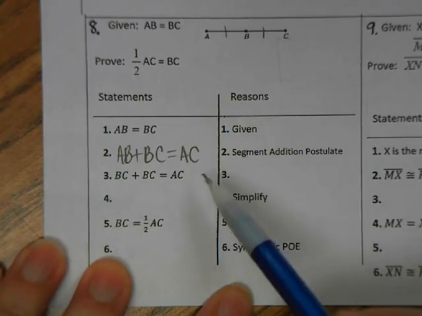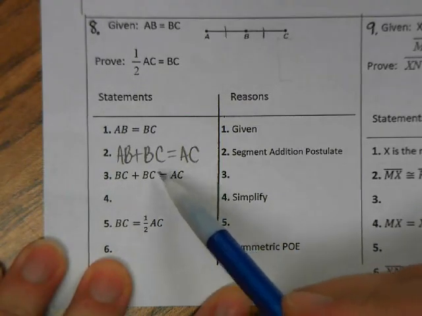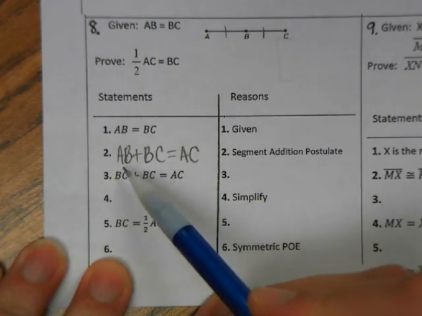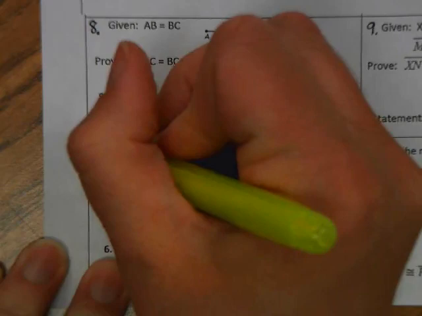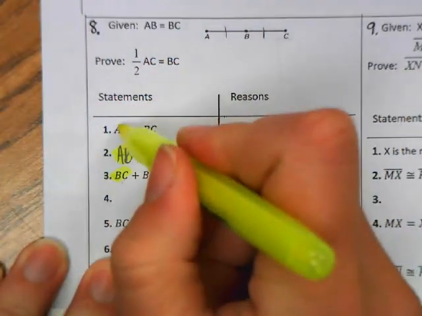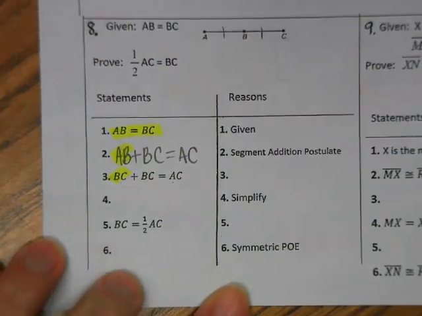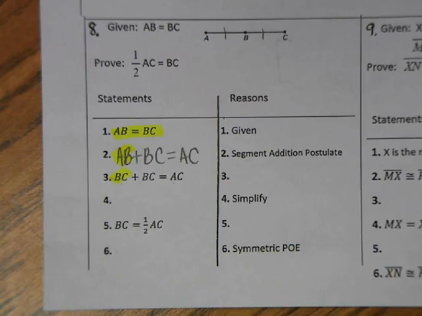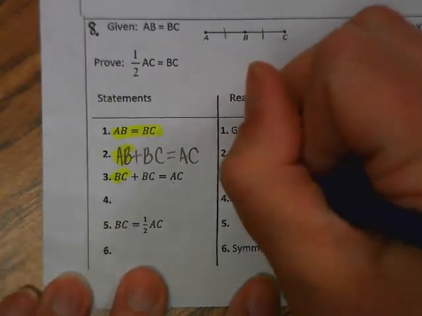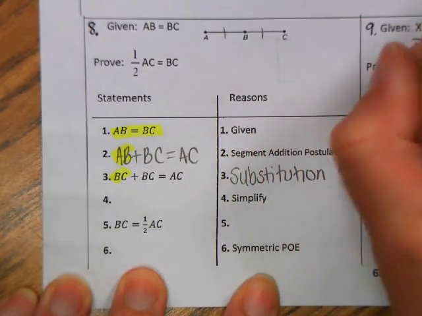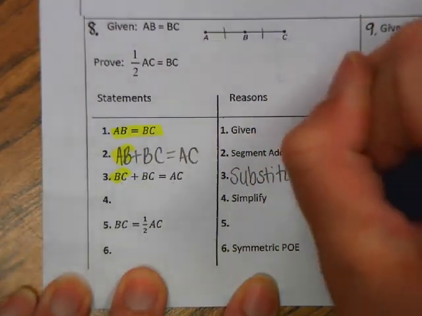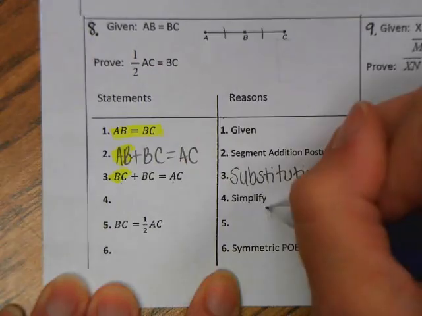Then, to go from step 2 to step 3, AB got replaced with BC. So if you replace something with an equal value, that's substitution. And then simplify.